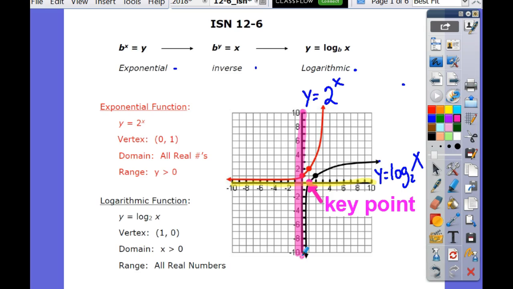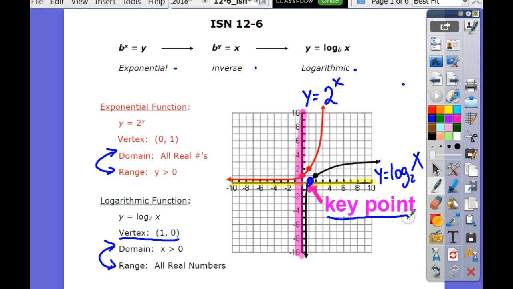It gets closer and closer and closer to the asymptote without ever touching it. When you change the x and the y, what happens to the domain and range? They switch.